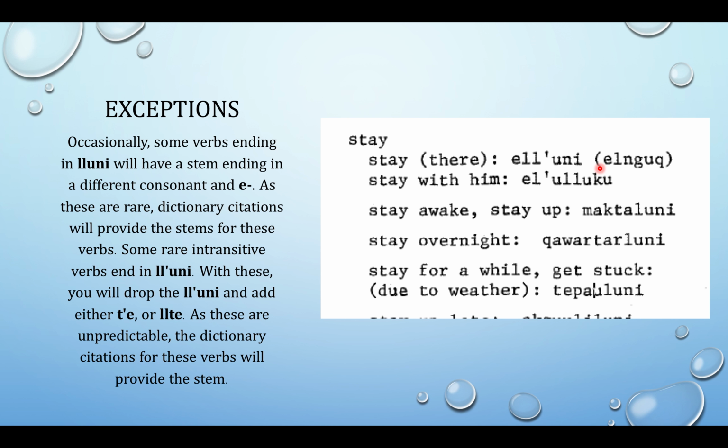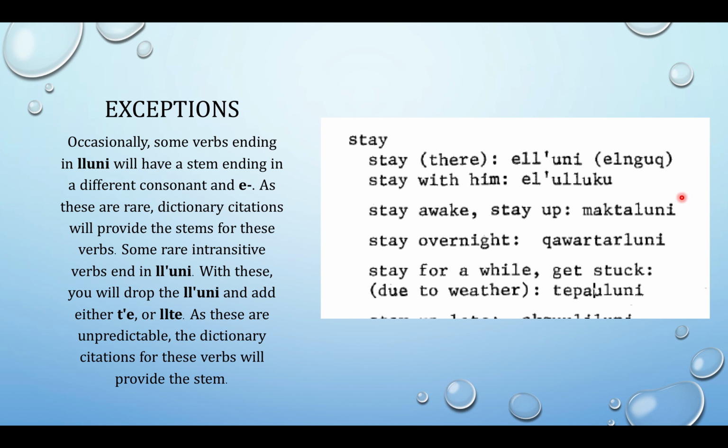There are a couple exceptions. So occasionally some words will end in lluni, but will have a stem ending in a different consonant and E. And those are rare, so the dictionary citations will provide the stem for these verbs.